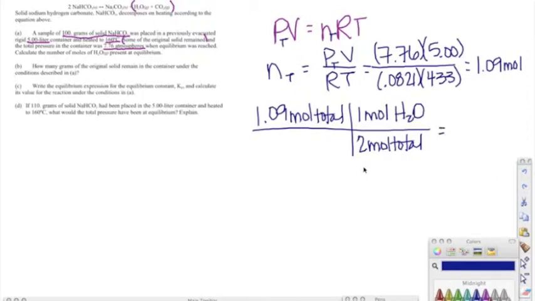And so really we're just taking the 1.09 and dividing it by 2, and you get 0.545 moles of water.